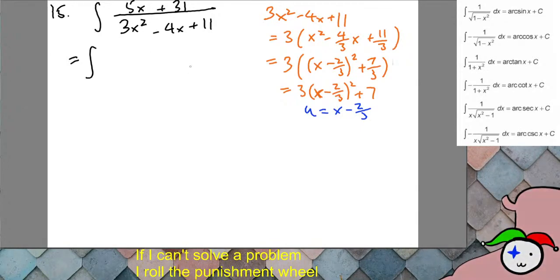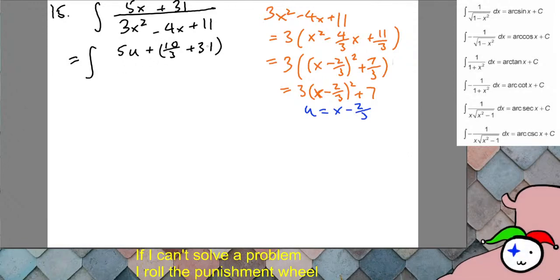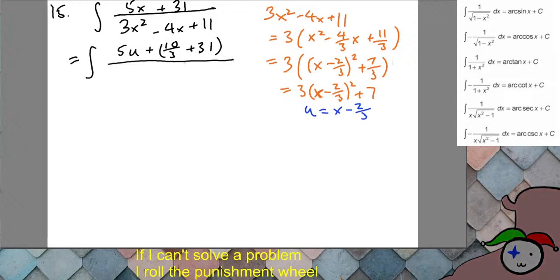so in the top bit you would have u plus 2/3 of, so 5/3 plus 30. Oh my god. So 5u plus 10/3 plus 31. I don't know what that is, but let's just put a bracket there so we know it's the one number. It's 103 over 3.